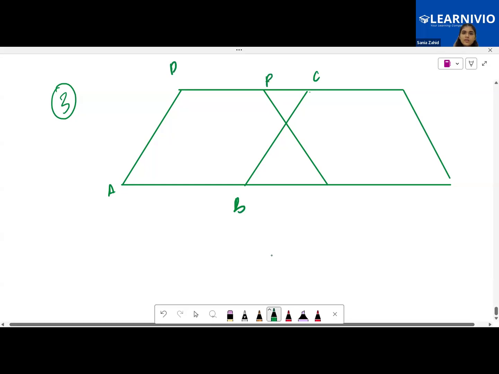The other is PQRS. This angle is given 120 degrees. This angle we do not know, and this angle is given 70 degrees. Try to find angle x.